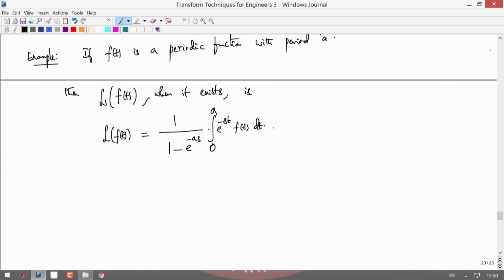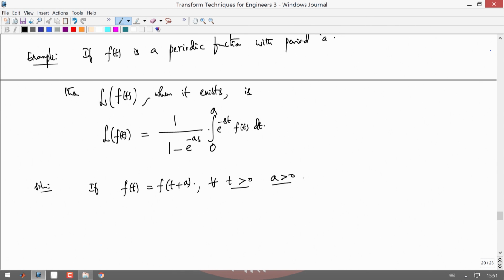This you can easily see directly by calculating the Laplace transform. The given statement is: if f of t is a function with period a, so f of t plus a equals f of t for every positive t, and assume that a is positive.